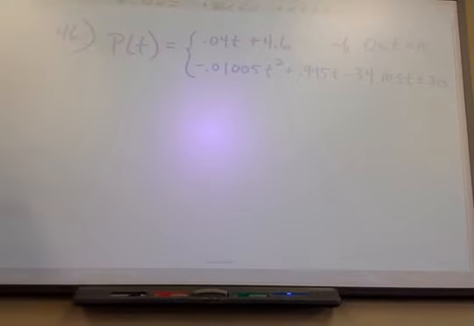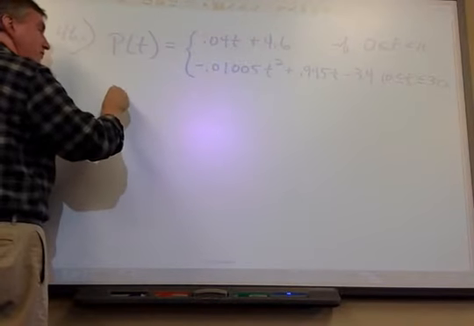Okay. t is in years with t equals 0 being 1970. The first question is, what was the percentage of obese children at the beginning of 1970?